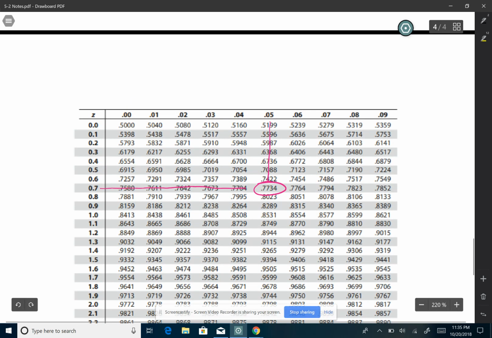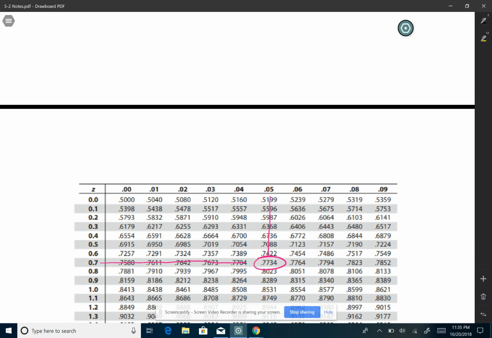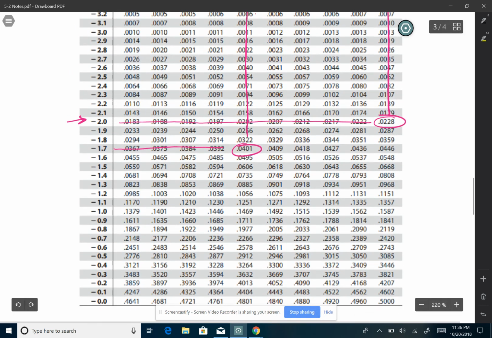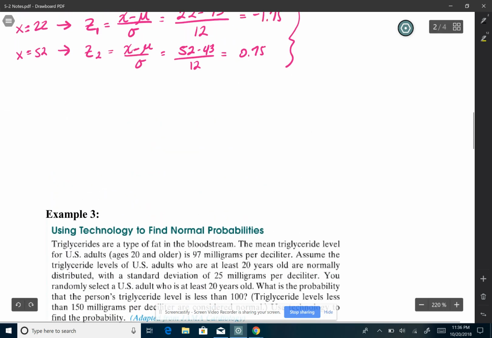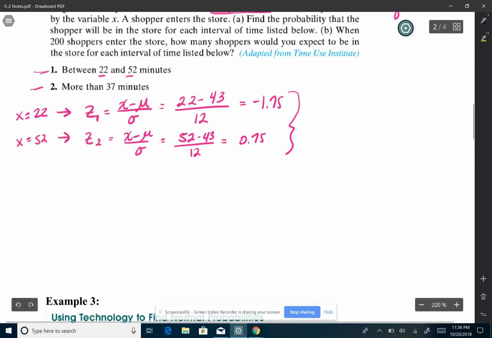So all we do if we want to look between two numbers is subtract those two numbers. I'm going to take the 0.7734 and subtract the 0.0401. For our answer, the probability that x is between 22 and 52 is the 2 areas that I found from the table: the probability that z is less than 0.75 minus the probability that z is less than negative 1.75.